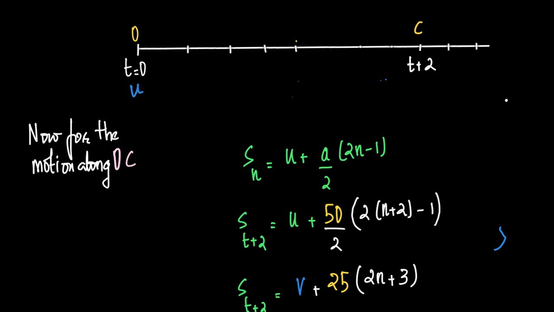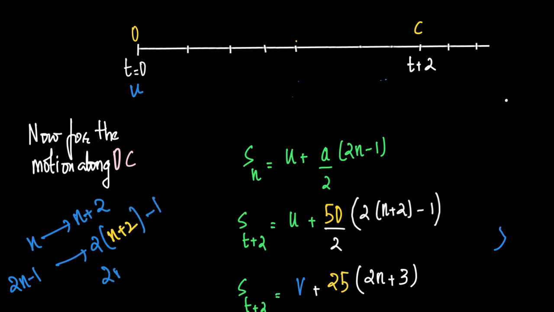Since we are considering the n plus 2th interval, n should be replaced by n plus 2. So 2n minus 1 would be replaced by 2 into n plus 2 minus 1, which is 2n plus 4 minus 1. 4 minus 1 is 3, so it is 2n plus 3.